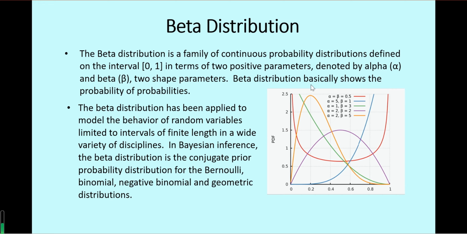The beta distribution basically shows the probability of probabilities, because the random variable in a beta distribution is only available between 0 and 1.